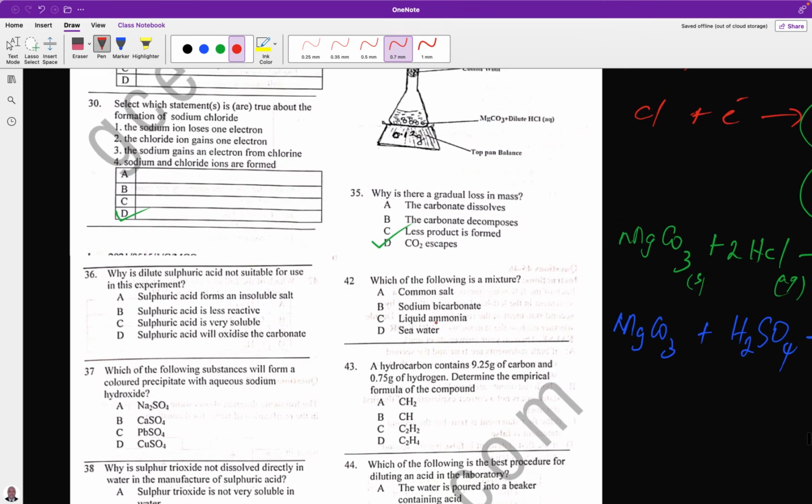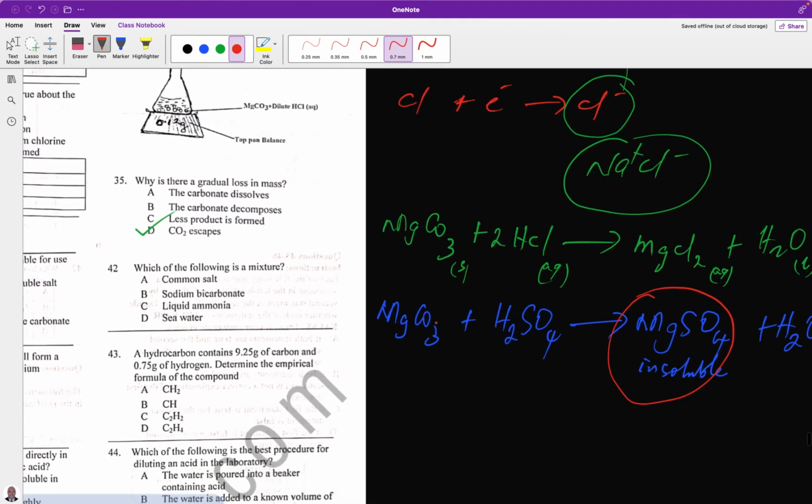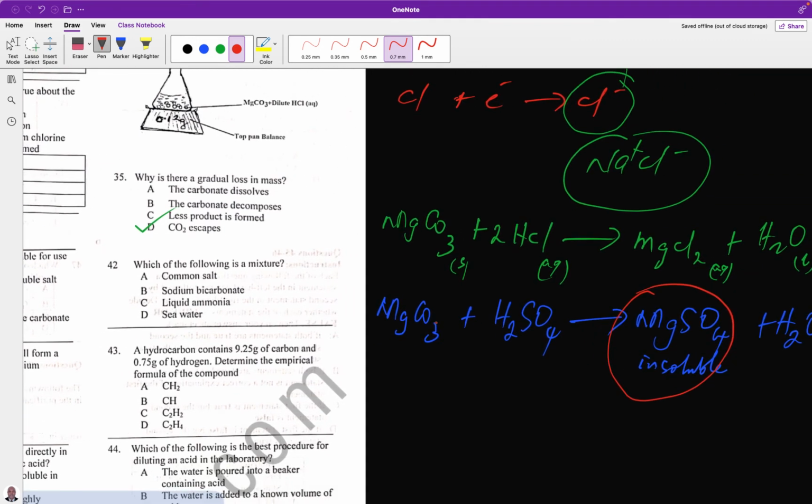Our question says, why is dilute sulfuric acid not suitable for this reaction? I will say dilute sulfuric acid is not suitable because the magnesium sulfate salt that is formed from the reaction with sulfuric acid is insoluble in water.